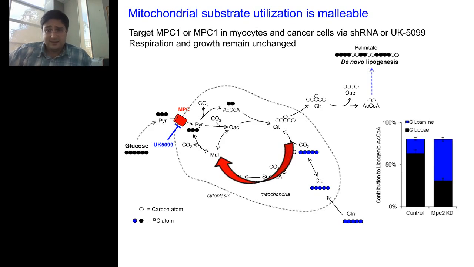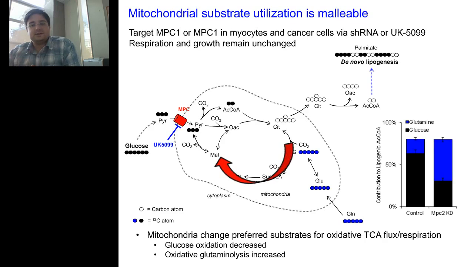However, in this situation, a different pathway is used, and we see this oxidative glutaminolysis pathway that is selectively used when we knock down the mitochondrial pyruvate carrier.